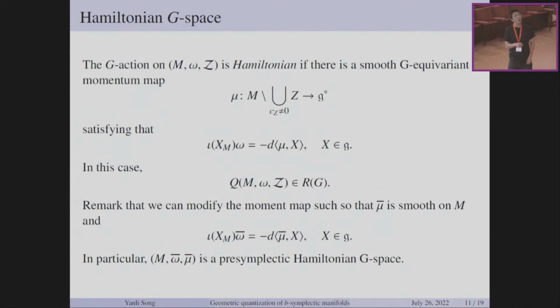And we only require this momentum map to be proper when you take away those hypersurfaces whose modular weight is non-zero. So for those hypersurfaces whose modular weight is non-zero, you want the momentum map to go to infinity when you approach those hypersurfaces, and it will go to infinity towards the direction given by the modular weight.